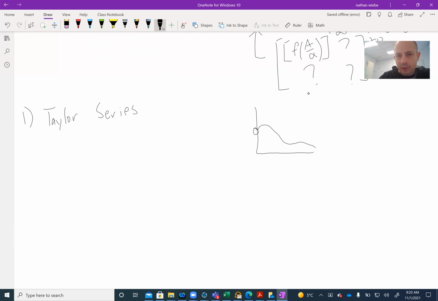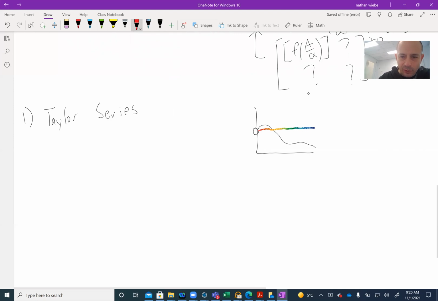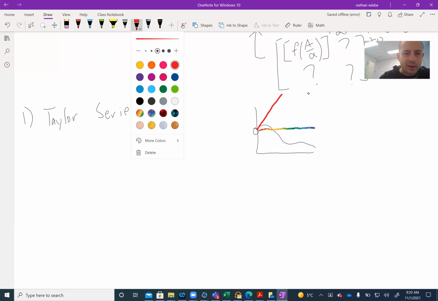Well, the 0th order Taylor series expansion, which I'll draw using this, would be that. The 1st order Taylor series expansion, let's try to find something. Yeah, I kind of like that color. Okay, 1st order Taylor series expansion locally would end up looking like this.